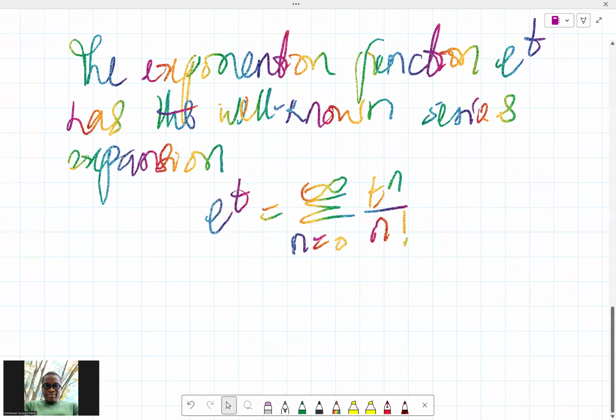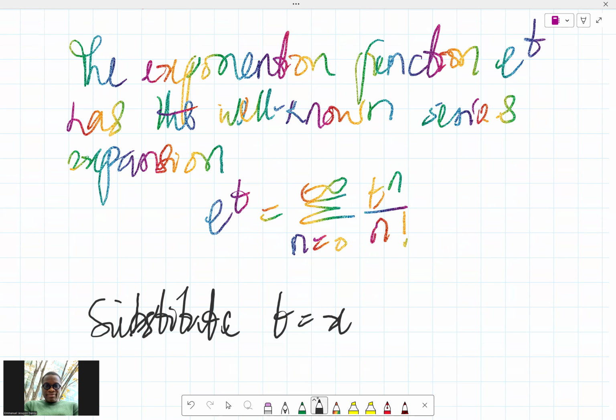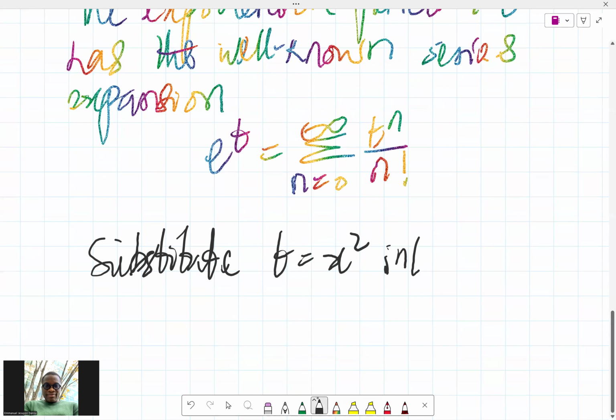So we can substitute t equals x raised to 2 into the series expansion.